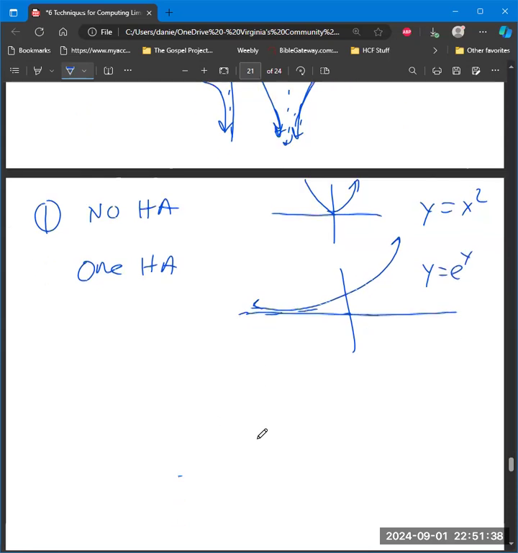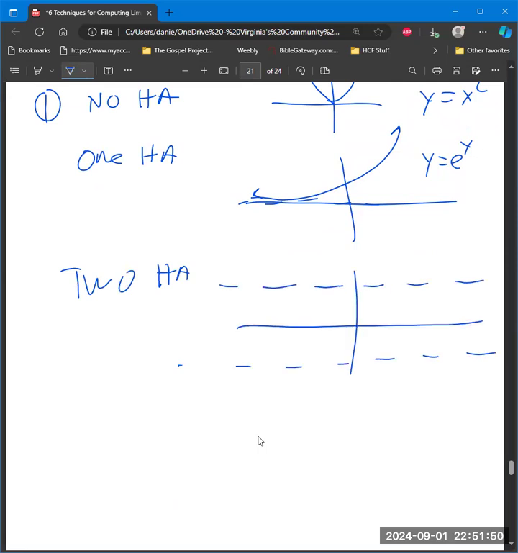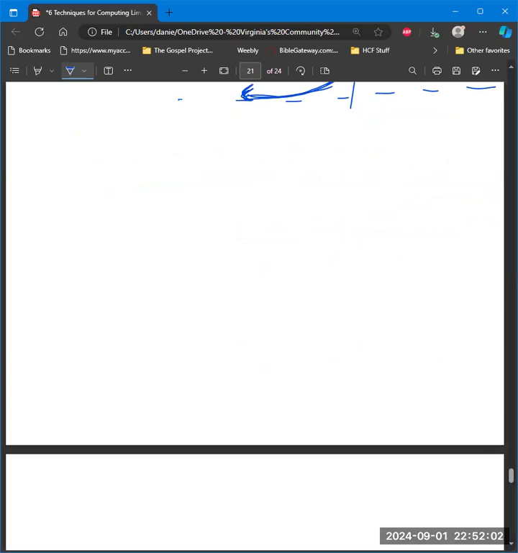I'm not going to tell you what this function is because it's not in the class, but I'm just telling you such a function exists where I can make the function stay between 2 lines like that, but 3 or more horizontal asymptotes is impossible.